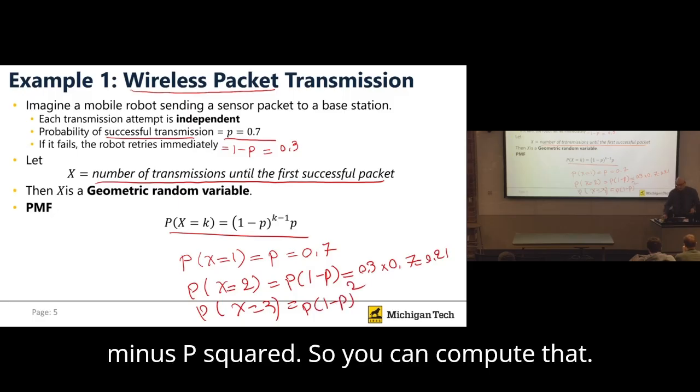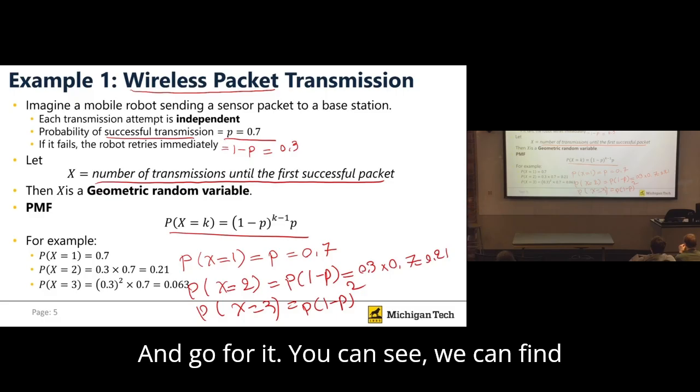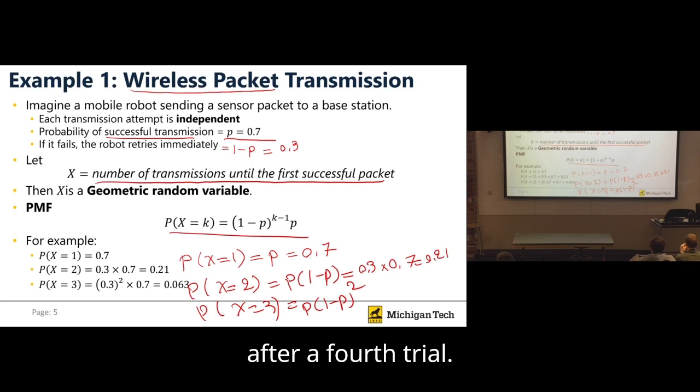So you can compute that. Here is a better, cleaner version. You can see we can find the probability of getting success after a fourth trial.